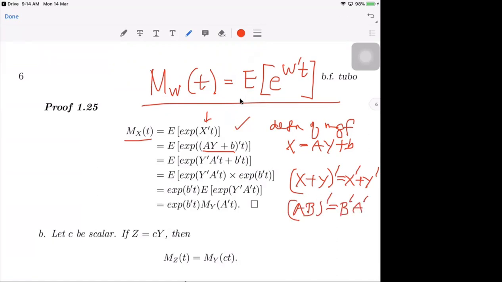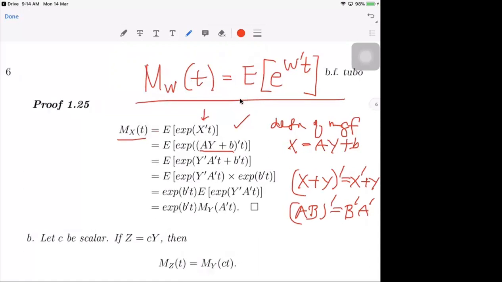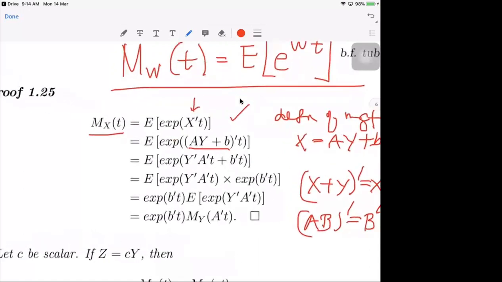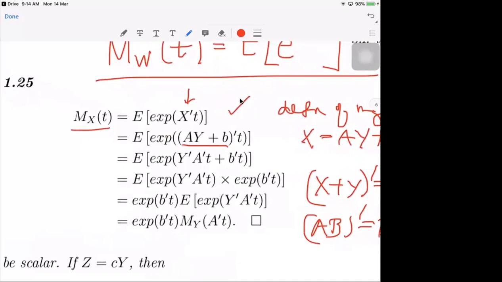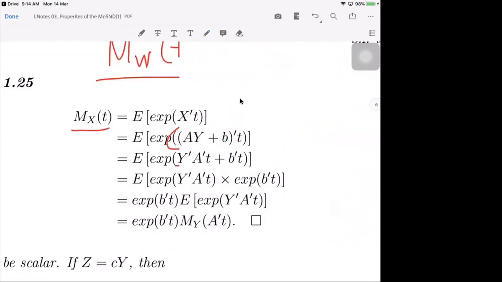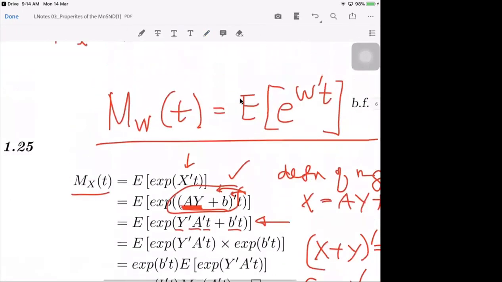So applying the primes here and distributing t to each of the terms, the prime of AY is Y prime A prime times t, and we have b prime t. Okay? So up to that line, that is okay.